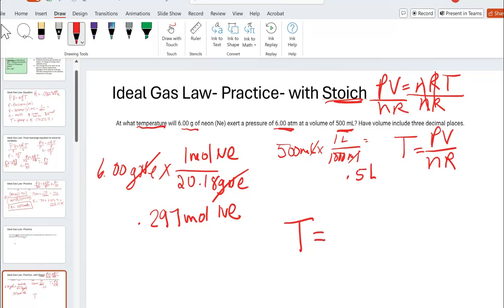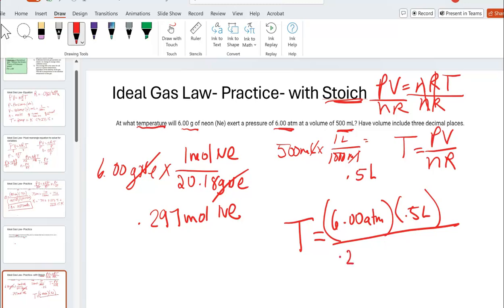Now I'm going to use that in my equation. So temperature is equal to the pressure, which is 6 atmospheres, my volume is 0.5 liters, my moles is 0.297 moles. And R is my ideal gas constant, 0.0821 liters times atmospheres over moles times Kelvin.